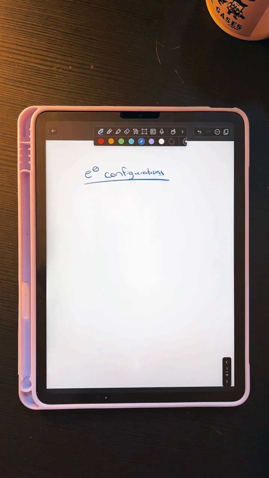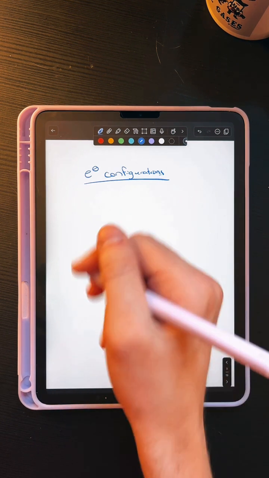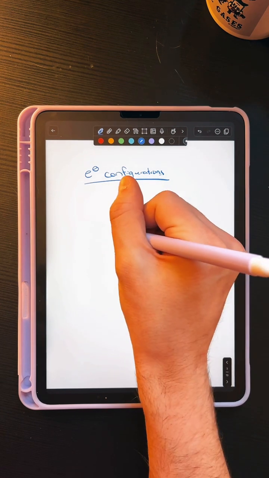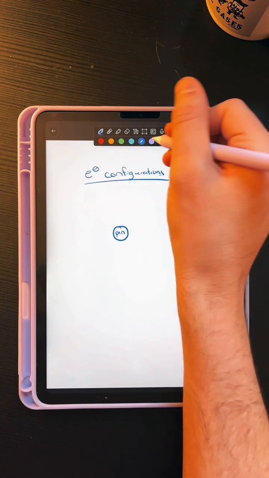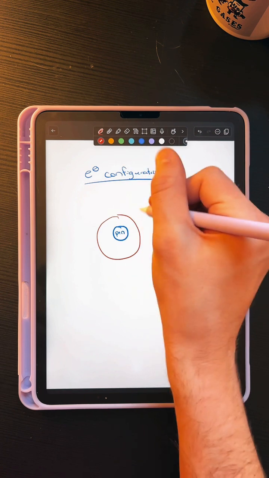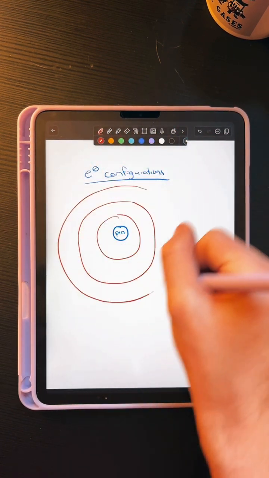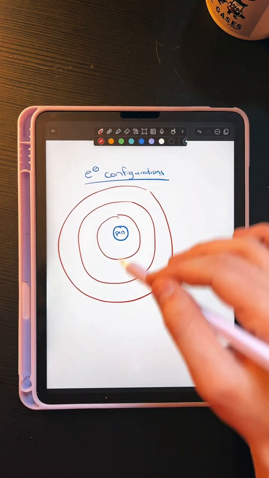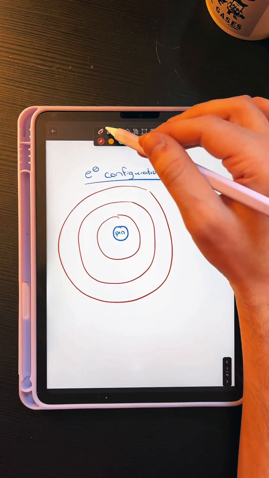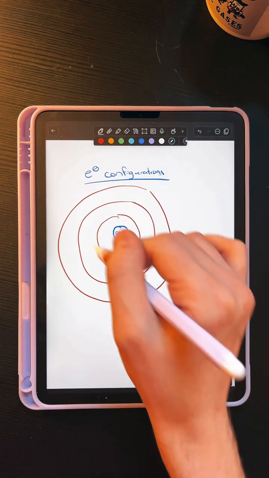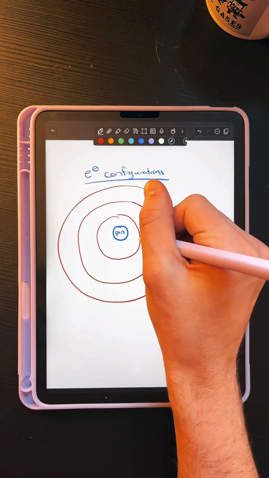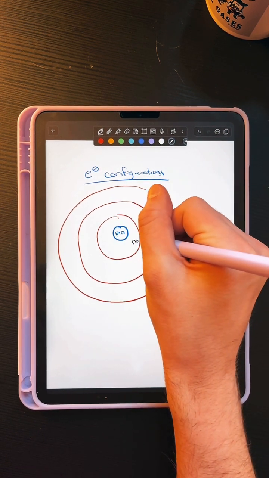So, electron configurations. Before we talk about that, let's go ahead and just draw out the structure of an atom. So we have the center, which is our protons and neutrons, that's our nucleus, and then around that center, we have these rings of electrons. I'm not an artist, I'm a chemist, so please don't mind my poor circle skills. Now, each one of these, starting from the nucleus and going out, is given a number, and that number is our shell.